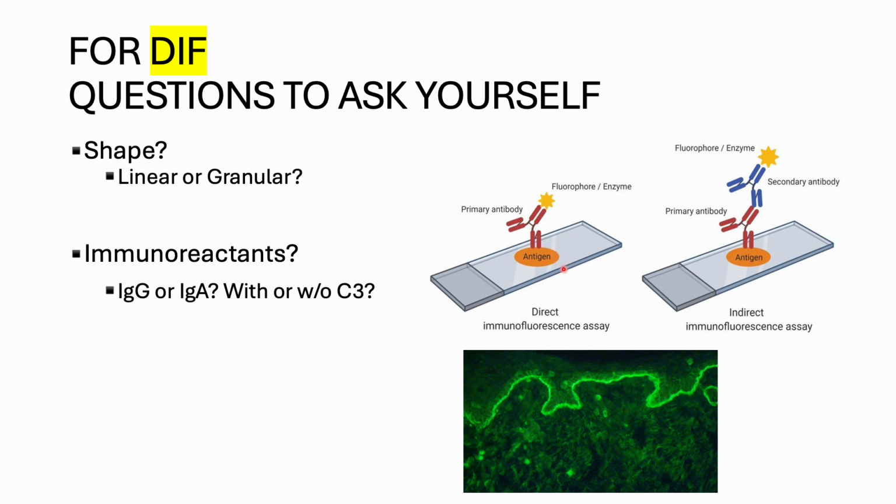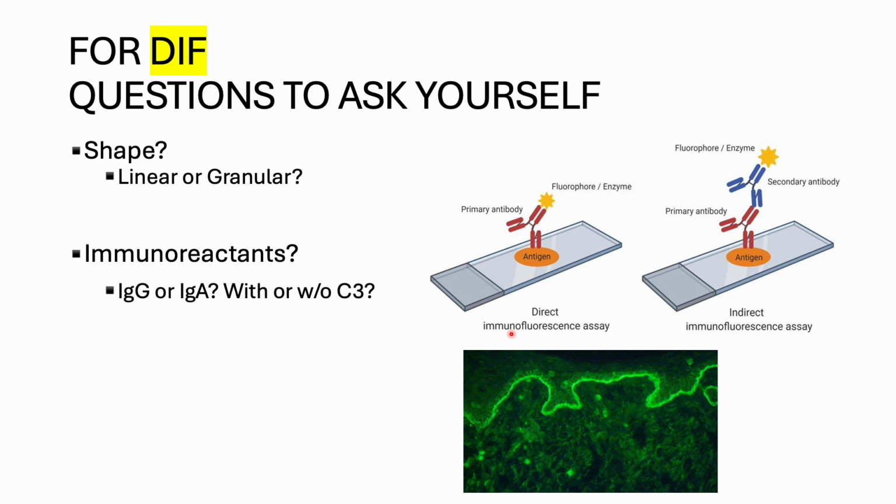And when we have a signal, how do we read that result? We read them under the immunofluorescence microscope, and we look at different slides. One slide has IgG, the other one should have IgA, IgM, C3, fibrinogen, etc. And then based on those slides, we give a report of a positive or negative result.